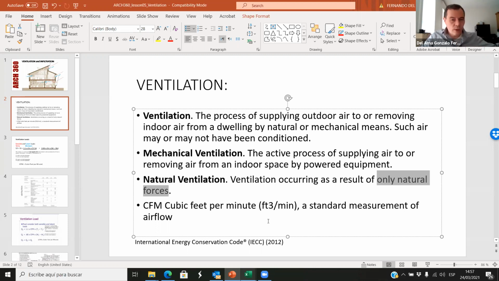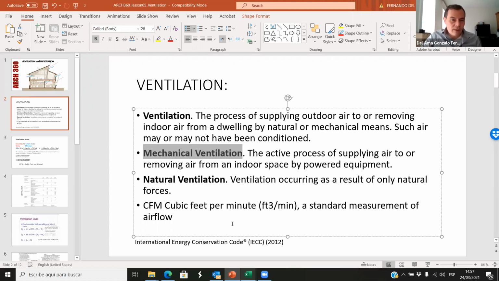If we open two opposite windows, this natural ventilation will happen without any energy. And if the outdoor air is at a good temperature and relative humidity, we don't need anything else. And that would be for free. But with mechanical ventilation, we always have to move mechanical equipment, and that consumes energy.